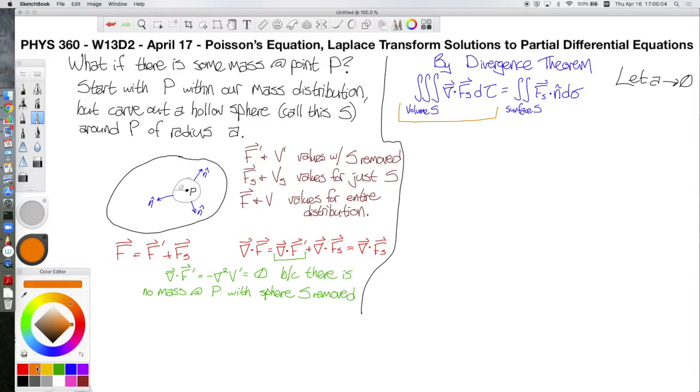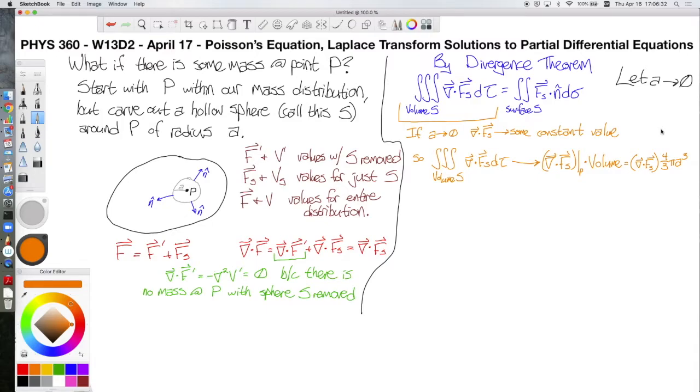Because the divergence of Fs might vary at various points throughout the volume of S, but if we let that sphere become infinitely small, then the divergence of Fs becomes a constant. So our volume integral will become the divergence of Fs times the volume of that sphere, 4/3 pi a cubed.